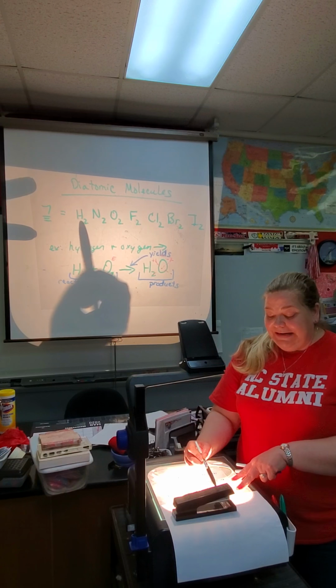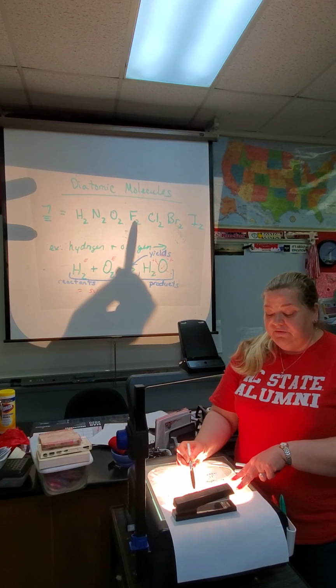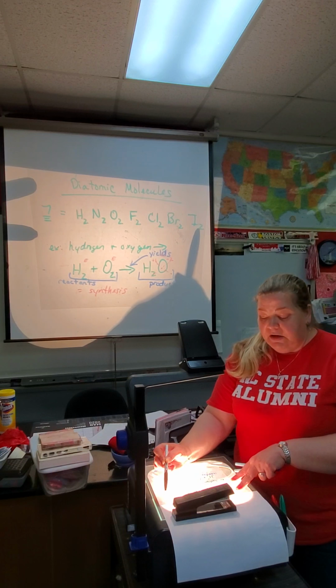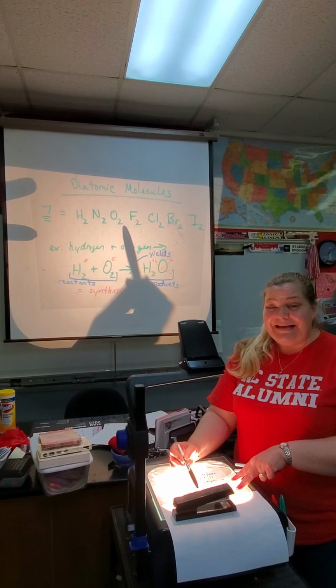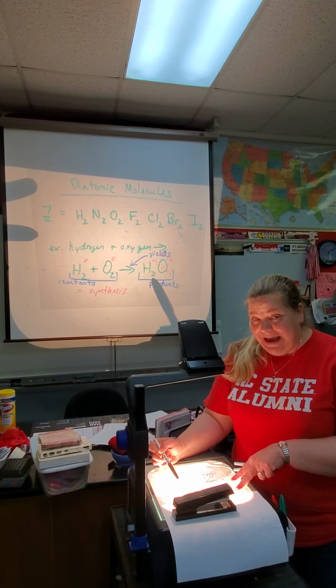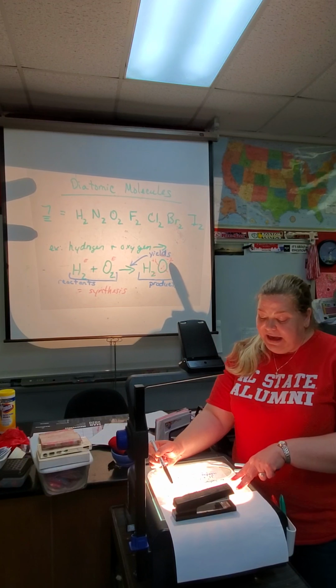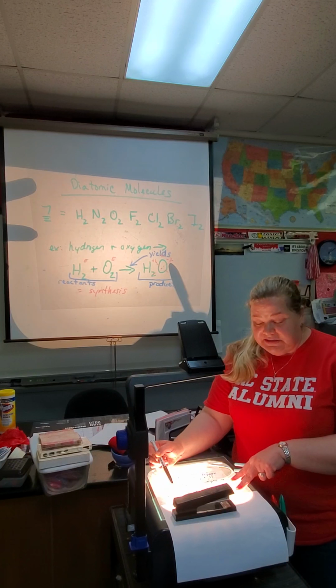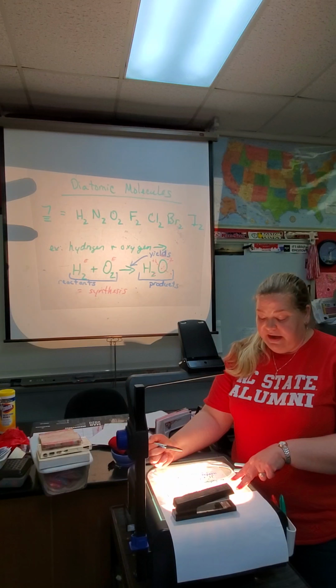Diatomic. So anytime hydrogen, nitrogen, oxygen, fluorine, chlorine, bromine, iodine are by themselves in an equation, they always have a 2. That 2 does not carry over here. That 2 came because oxygen is a 2 and it crossed over there.